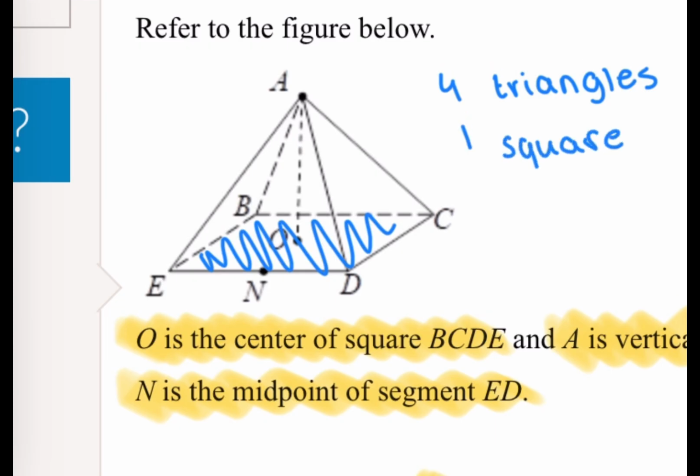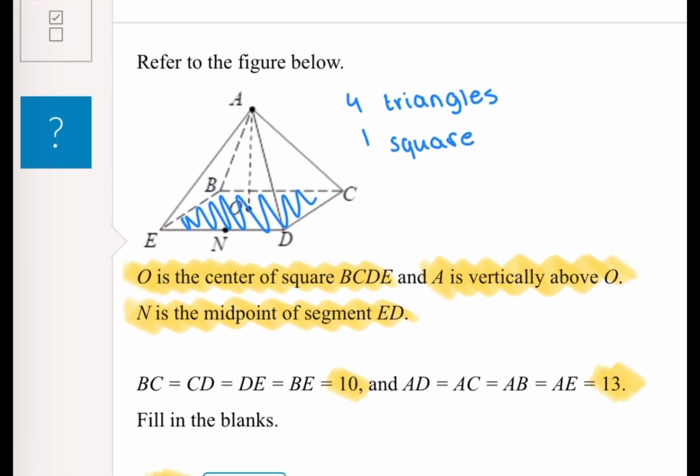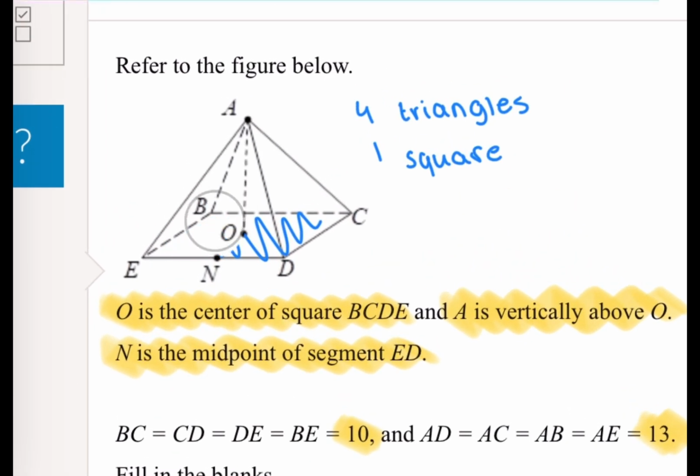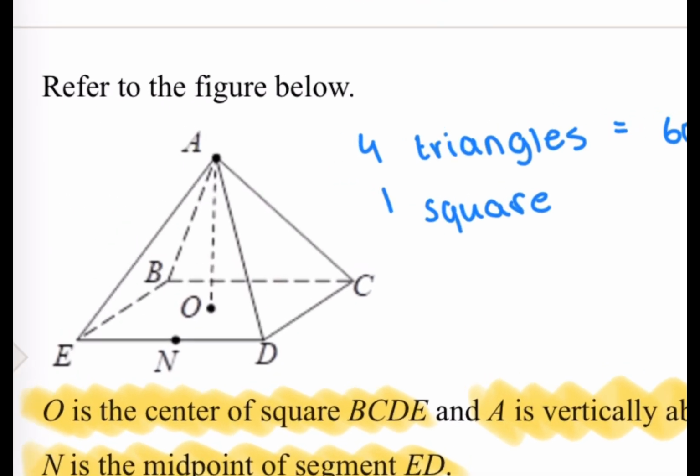Alright, so we already found the area of one of the triangles. So all we have to do is take this number and multiply it by 4 to get the area of all the triangles, of all 4 triangles. So what we're going to do to get this is 60, which is the area of one triangle, times 4. The answer to that is 240. And then the area of the square we have at the bottom.